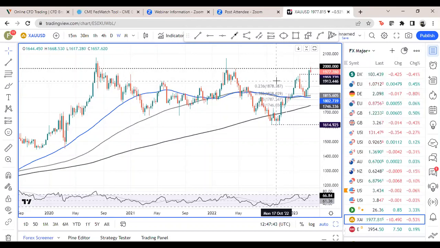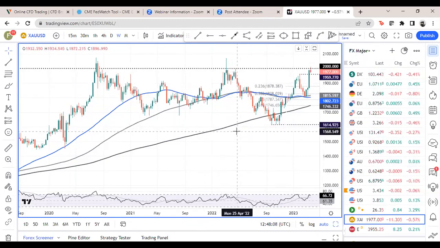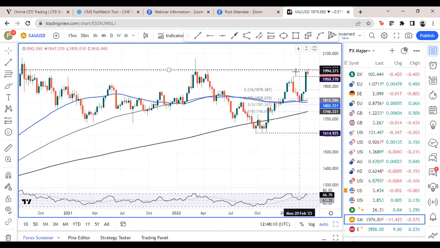And speculators in futures cut their net long position by a massive 78% during the five-week period to March 7th. So there's a lot of room potentially for a reappraisal of positions. As I say, it all depends on the Fed and the banking sector response, and whether we can keep up above these quite lofty levels around the 2,000 mark.